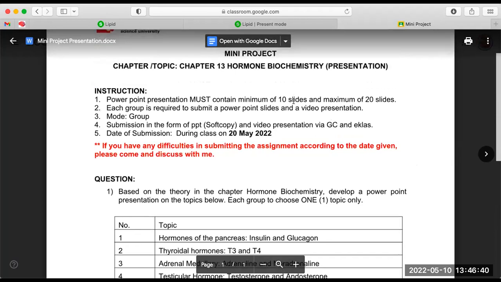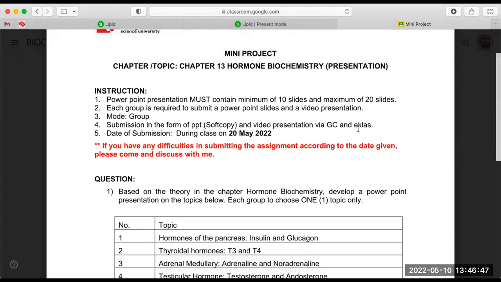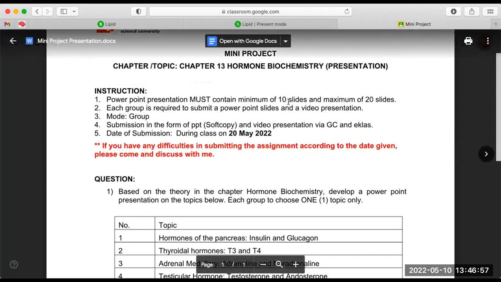So this is on the mini project. That's why I put a minimum of 10 slides. Okay. Don't go beyond 20 slides. 20 slides is too many. Try to make it, for example, a 5 to 10 minute presentation. Don't need to be too long. Okay, 5 to 10 minutes. The importance is actually on the slide number. Okay, try to stick to this suggestion.